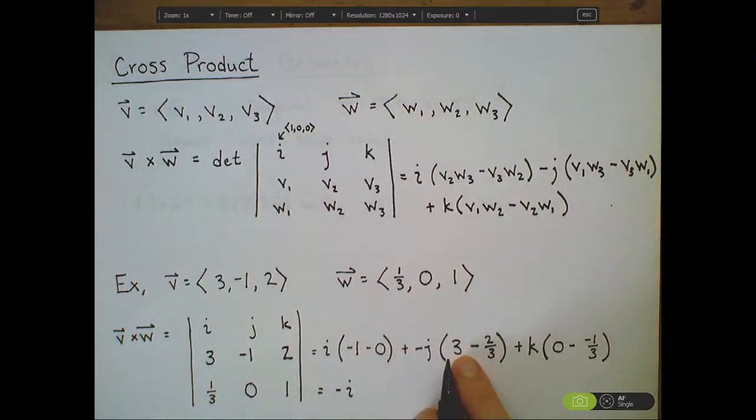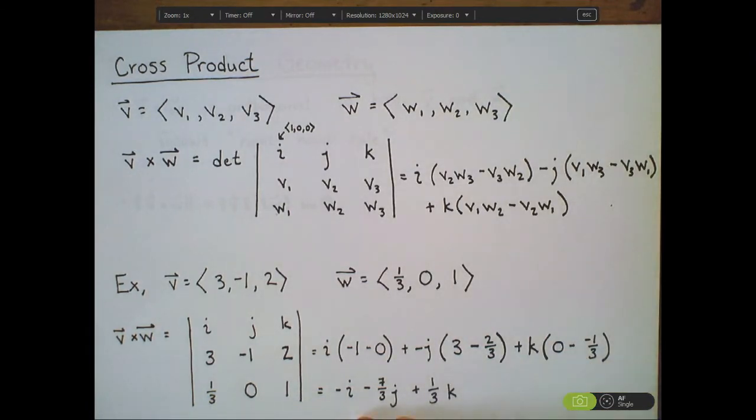This becomes 3 minus 2/3, which is 2 1/3, which is 7/3. So minus 7/3 j. The minus is coming from the minus j. And then k times minus a negative 1/3 becomes a positive 1/3. So that's plus 1/3 k.